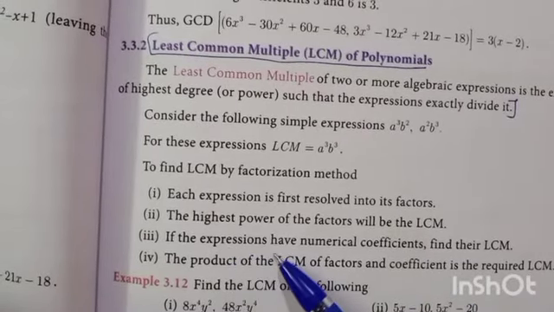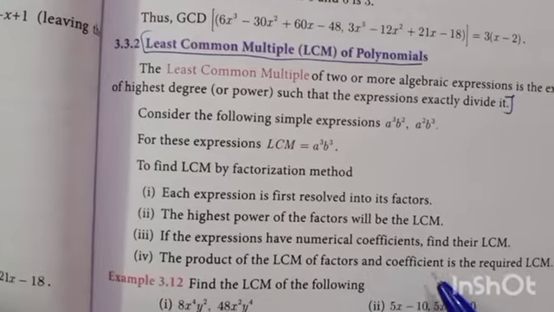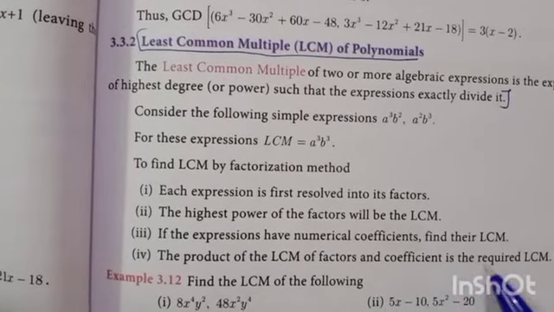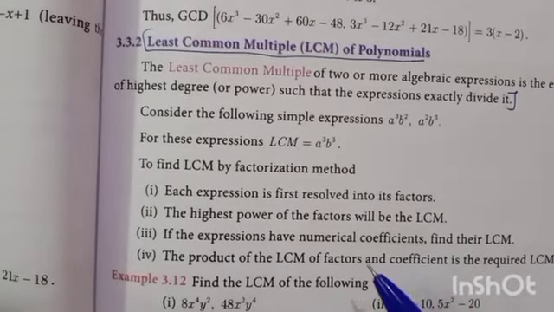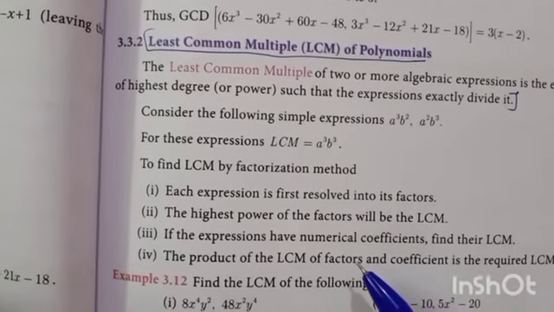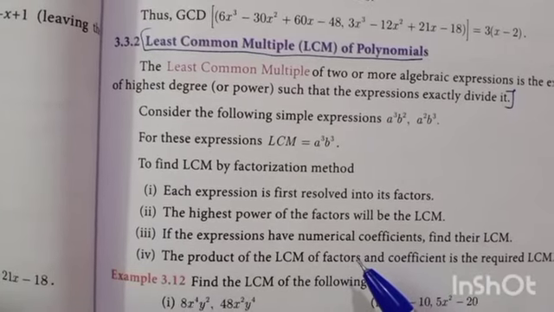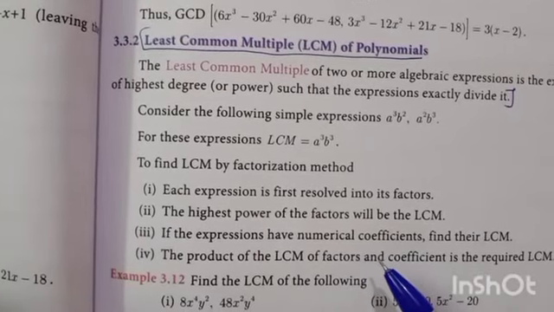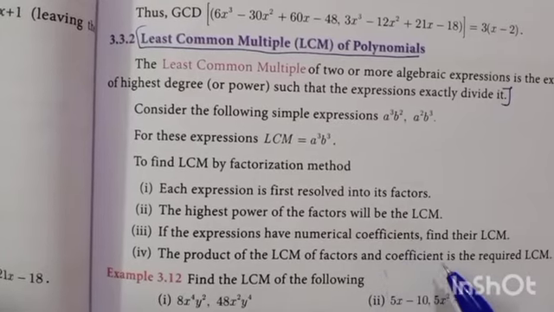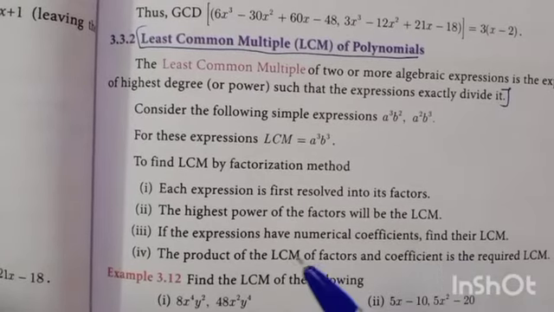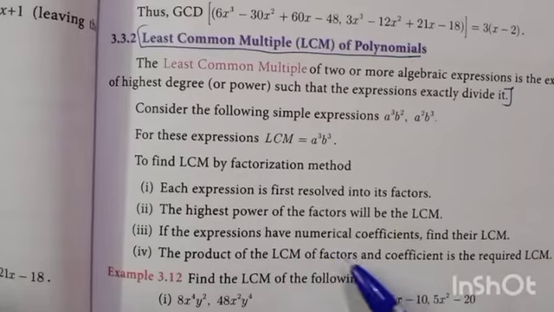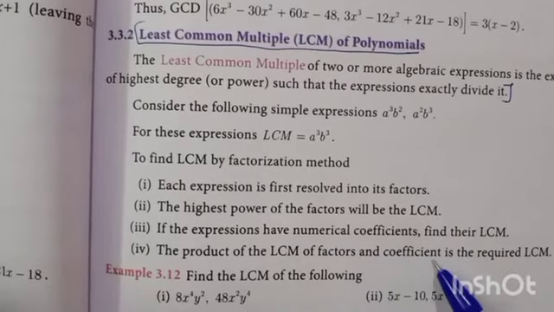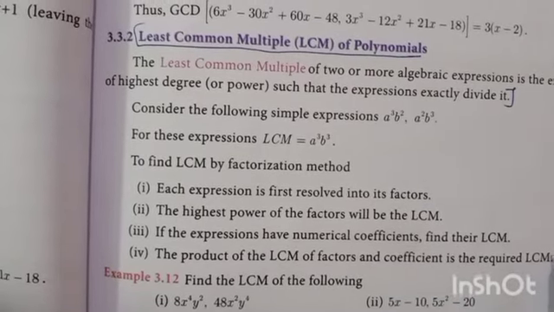Then the product of the LCM of the factors and the coefficients is the required LCM. We want to find the factors for the coefficients and the terms, that is, the expressions.